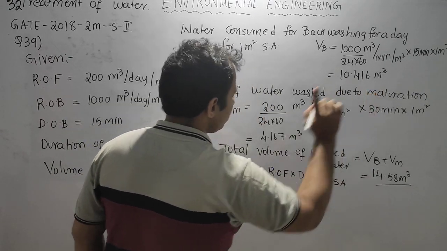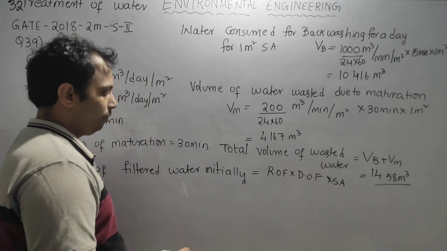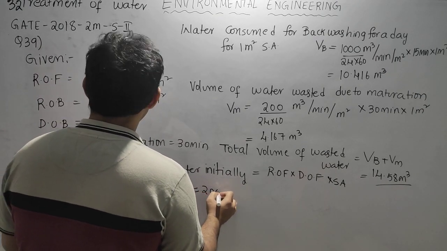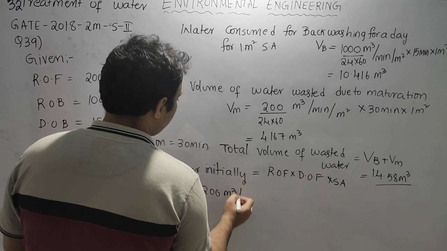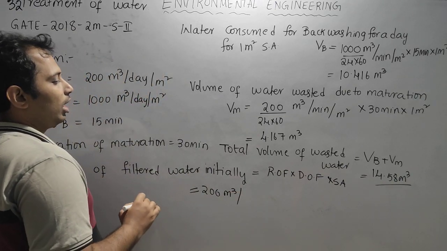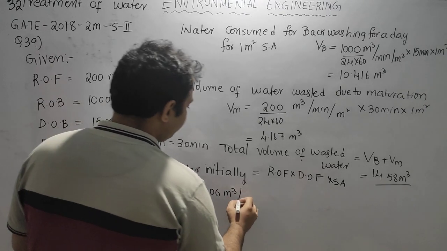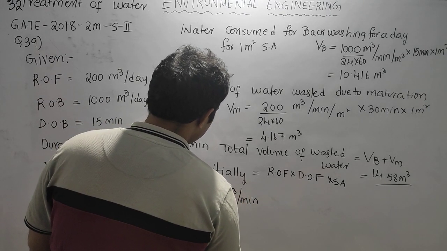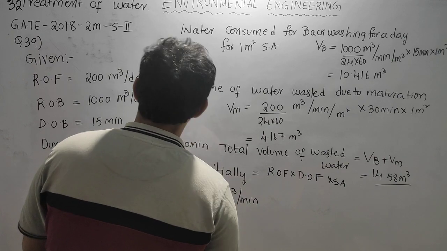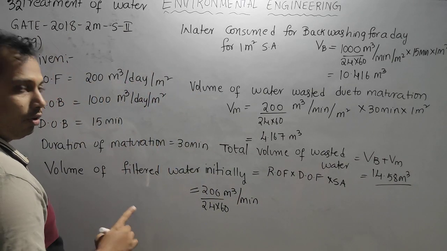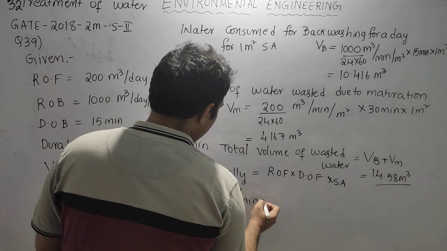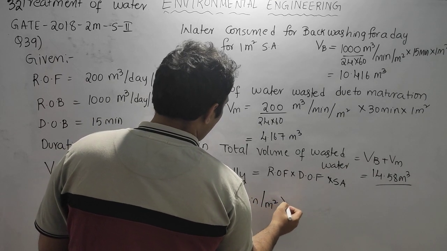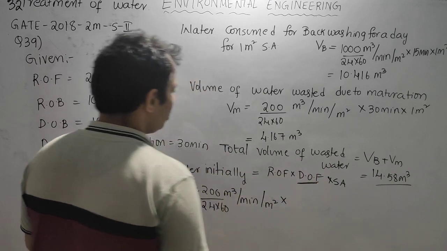Everywhere I am taking unit surface area only, so here also I will take unit surface area. The rate of filtration is 200 meter cube per day, which I convert into minutes by dividing by 24 into 60, per meter square. So how many minutes is it actually working?